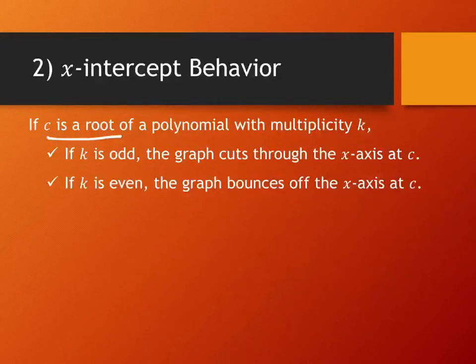If you've got a number where it crosses the x-axis and it has a multiplicity of k, there's 2 options. The number k is either even or odd. If the number k is odd, it will cut through the x-axis. If the number k is even, then it will bounce off the x-axis.